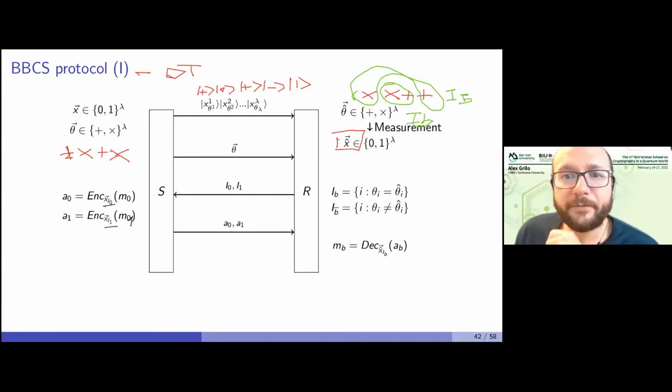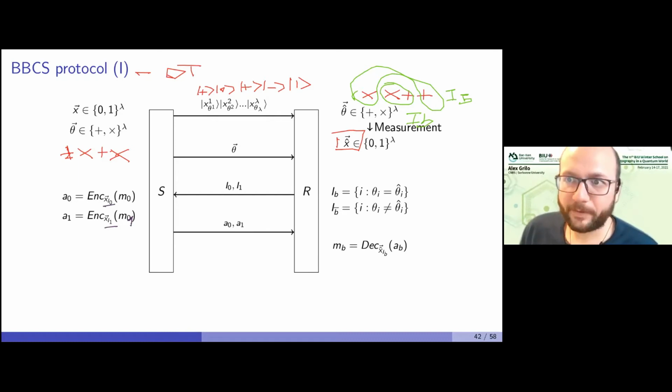On the other hand, the receiver cannot learn two messages because there must be at least one of the bases that was measured incorrectly. And intuitively, it serves as a one-time pad key in some sense. Whenever you have one bit that was not measured in the correct basis, it will information theoretically hide the message.